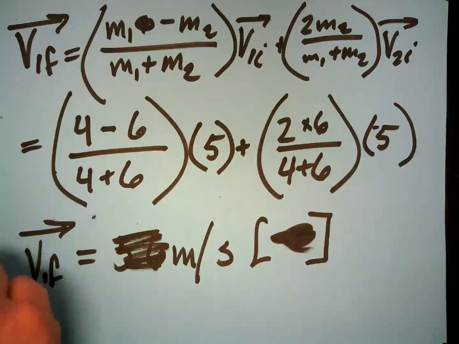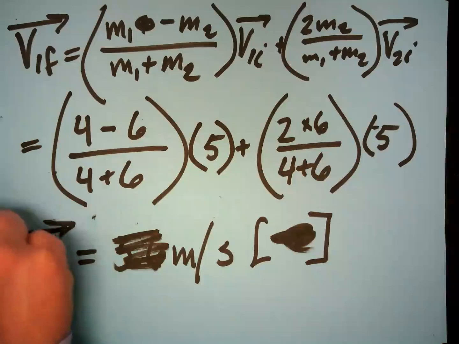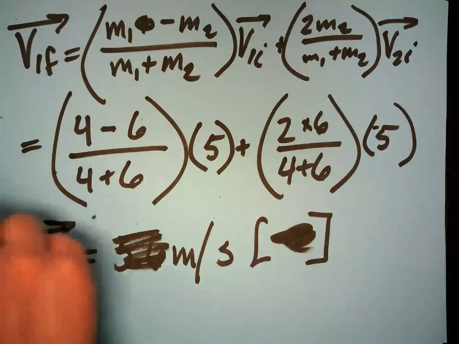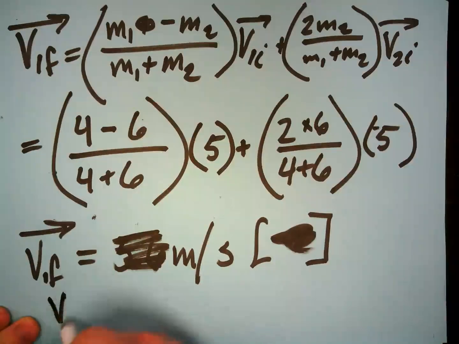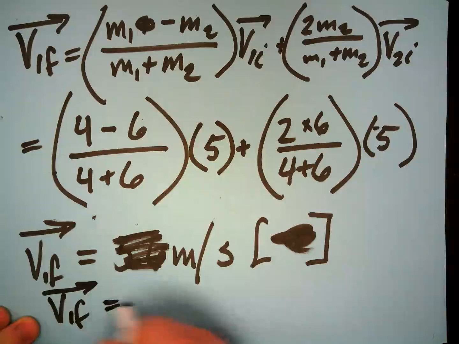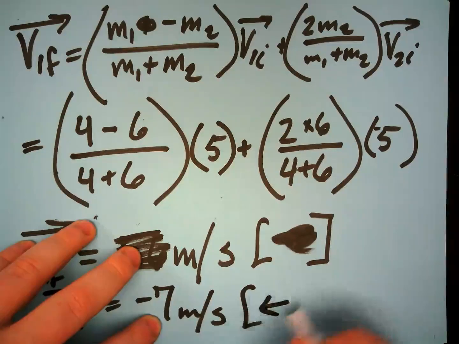Plus negative 5. Okay, maybe we're getting a little closer here. We're going to see if I get a negative 7 meters per second, and it's actually going to be in this direction.